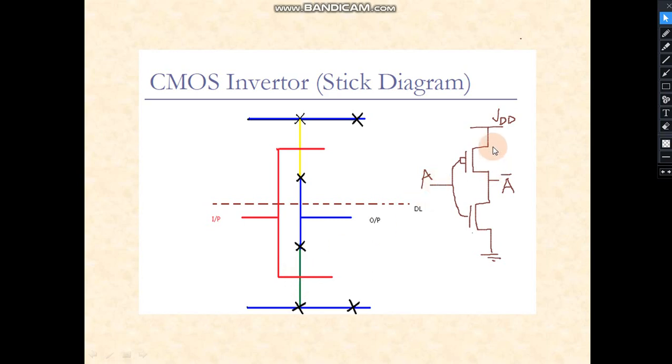In the upper portion, PMOS. PMOS is basically P-type, meaning yellow color. When polysilicon crosses this yellow color, then one transistor will be formed, that is the PMOS transistor. Clear?